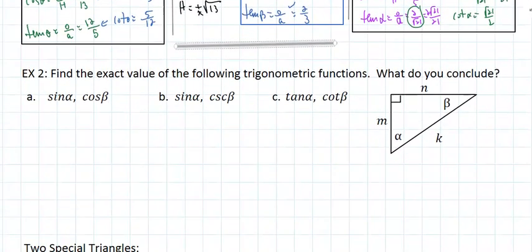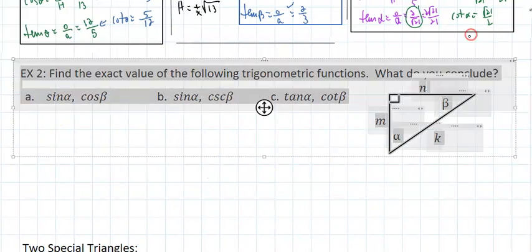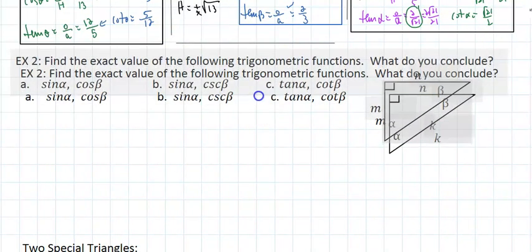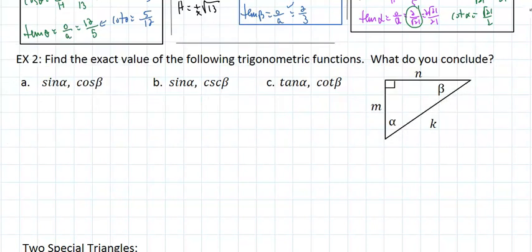Now, if you recall from algebra, complementary angles and supplementary angles. Complementary angles would be when two angles add up to 90 degrees.